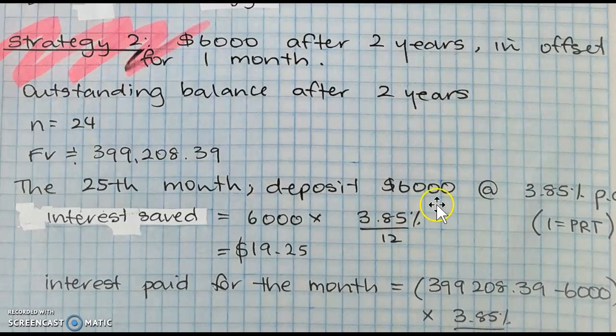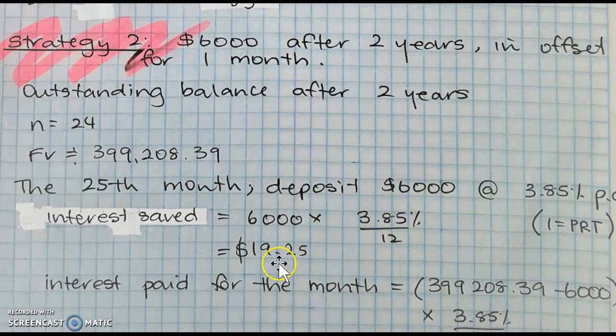So I'm depositing $6,000 at the same interest rate as my loan, my mortgage. And what I'm going to do is just work out how much interest that saves. So if I put $6,000 in at 3.85% per annum, and I only put it in for 1 month, if I divide it by 12, I get 1 month. So this essentially is simple interest: P times the interest rate for 1 month times 1 month.